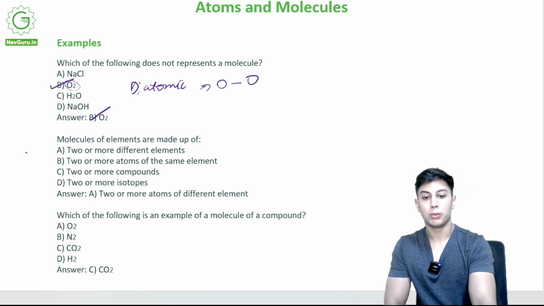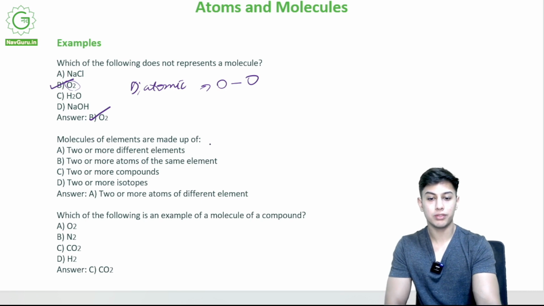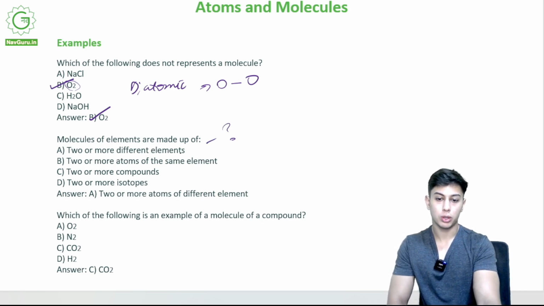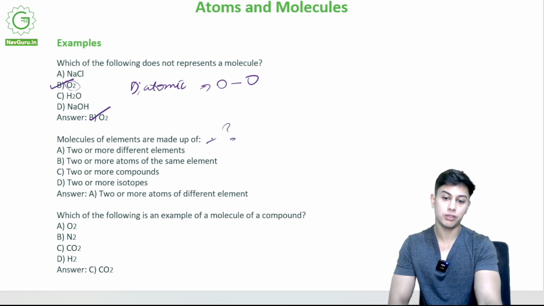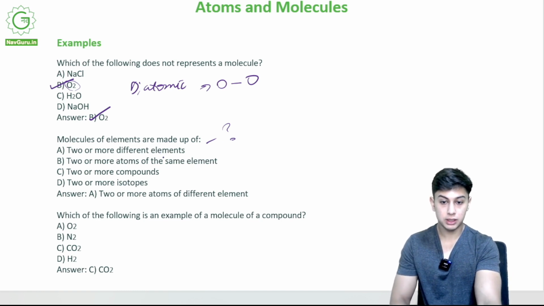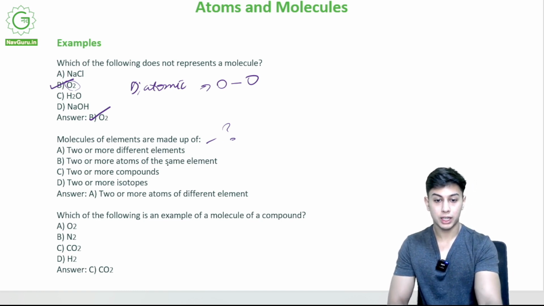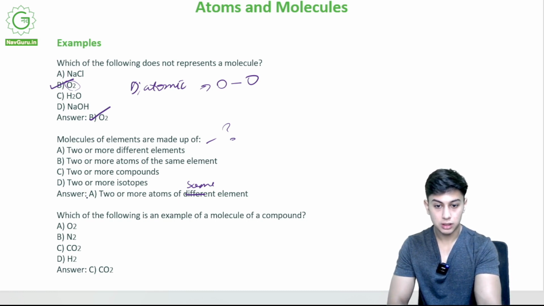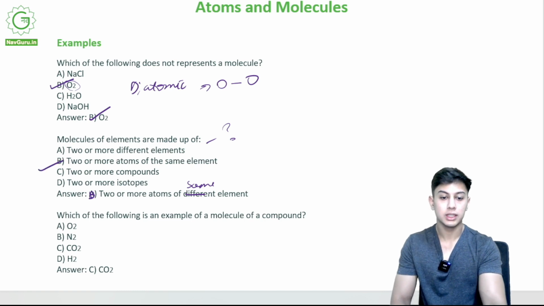Alright, molecules of elements are made up of what? Two or more different elements, two or more atoms of the same element, or two or more compounds? It is the same element. Answer is B, same element.